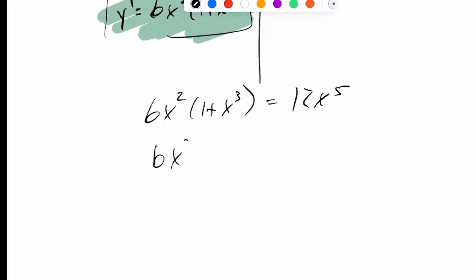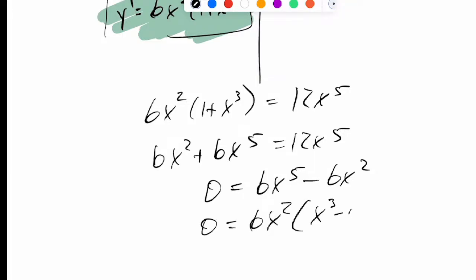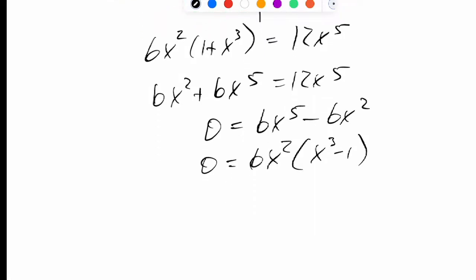So this will be 6x² + 6x⁵ = 12x⁵. If I bring everything to one side, I get 6x⁵ minus 6x². You can factor out a 6x², and I get x³ minus 1. So this factors, you get 6x² and then your difference of cubes formula.